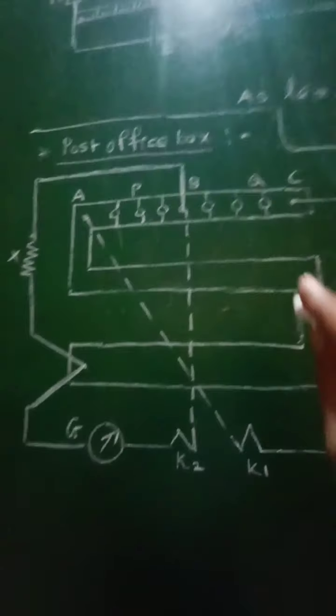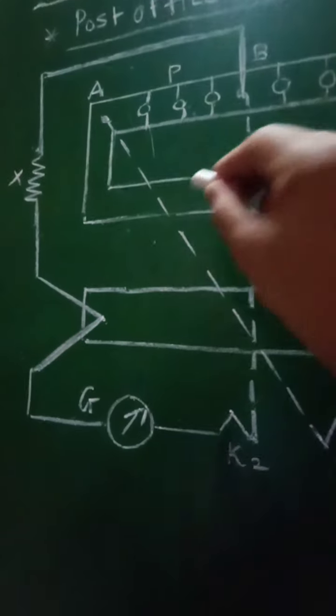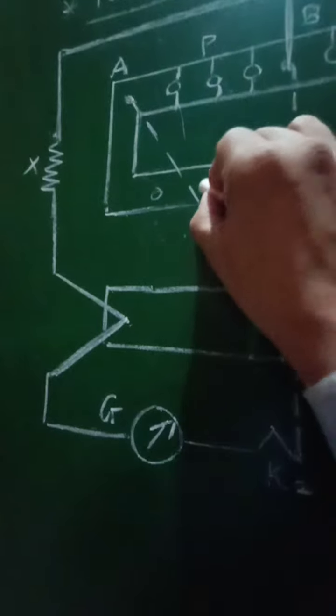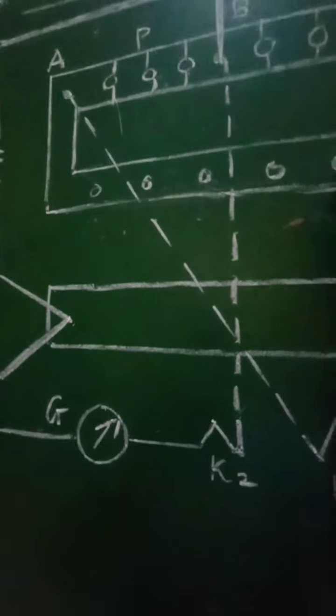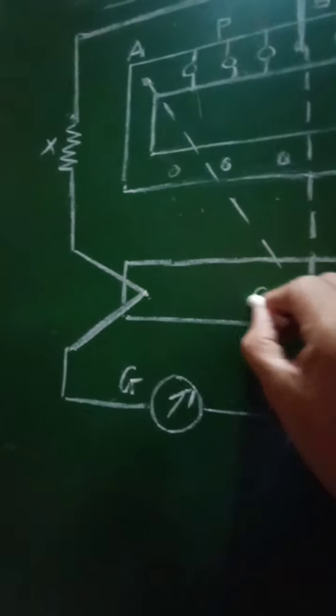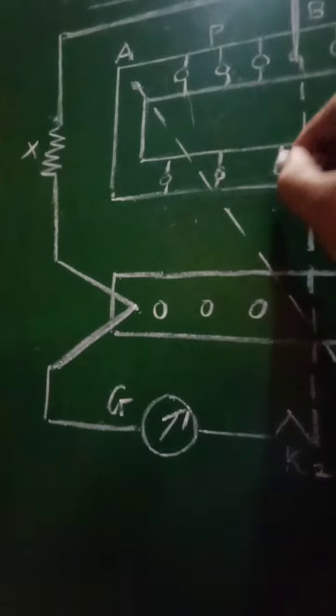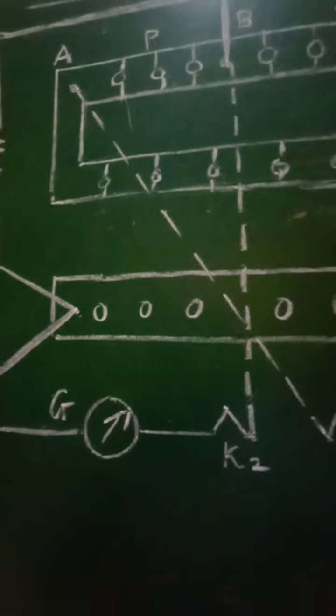In the diagram P and Q are shown here. Now R will be having resistances here like this. This will be the R section, which contains again different resistances.